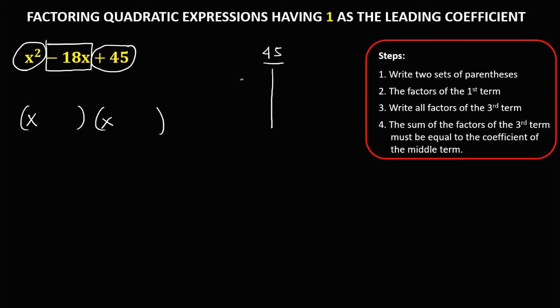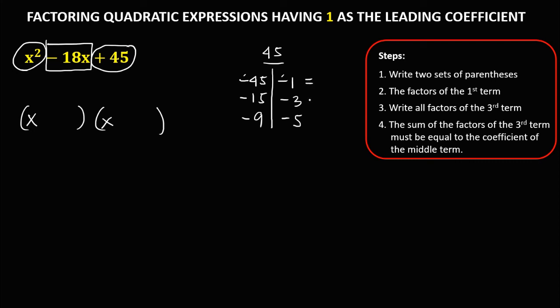So we have negative 45 times negative 1, because negative times negative is positive. Then we also have negative 15 times negative 3, and negative 9 times negative 5. So these are the factors of positive 45.